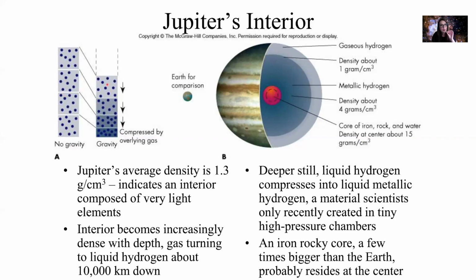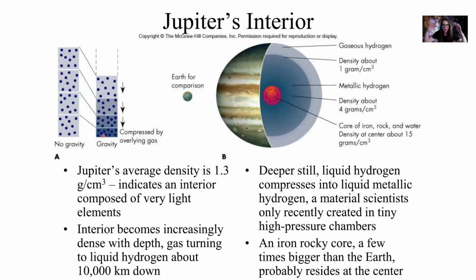But if we have gravity, the gas closer to the center of the planet is going to experience a greater gravitational pull than the material just a little bit further away from the center. The layer just further out will feel less of a gravitational pull, and so on. So the material that's deeper down in the atmosphere, closer to the core, is going to be more dense, because all the material gets stacked up.